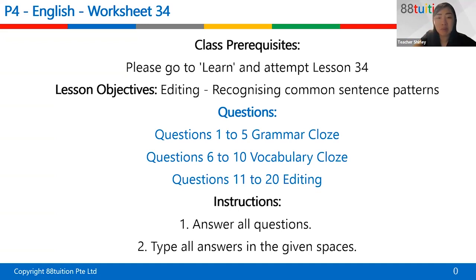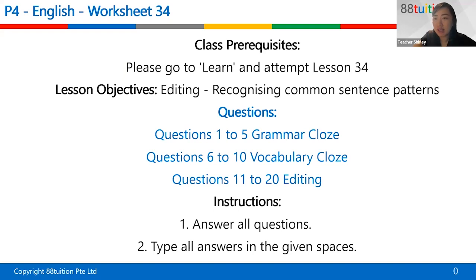Then after that, we are also going to go through some questions which have been assigned to you on your student account. We're going to go through grammar as well as vocabulary cloze. Grammar cloze is also in your Section B. We're actually talking about the full PSLE paper, yeah?